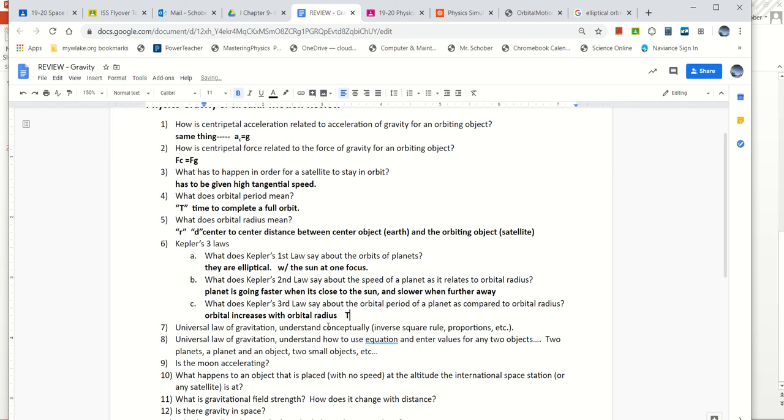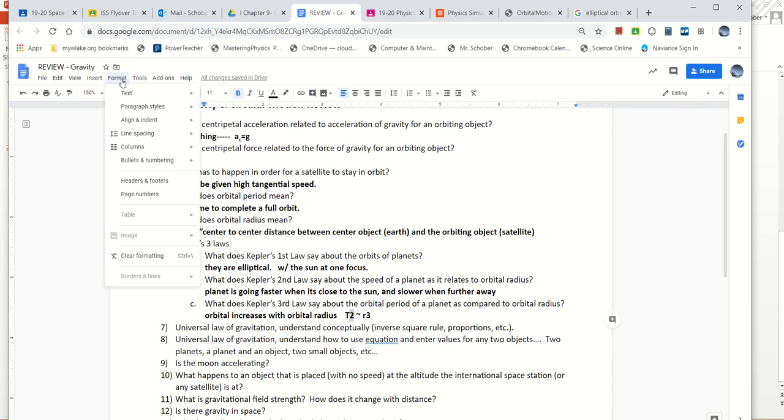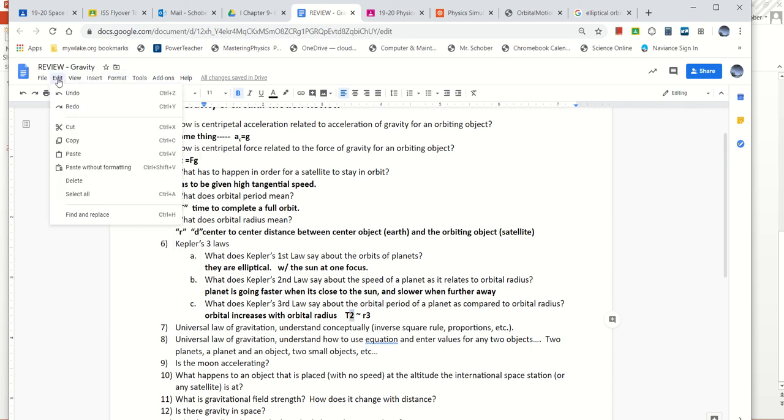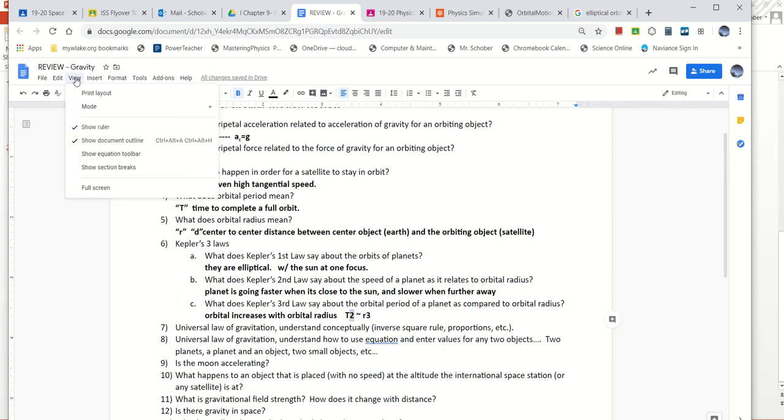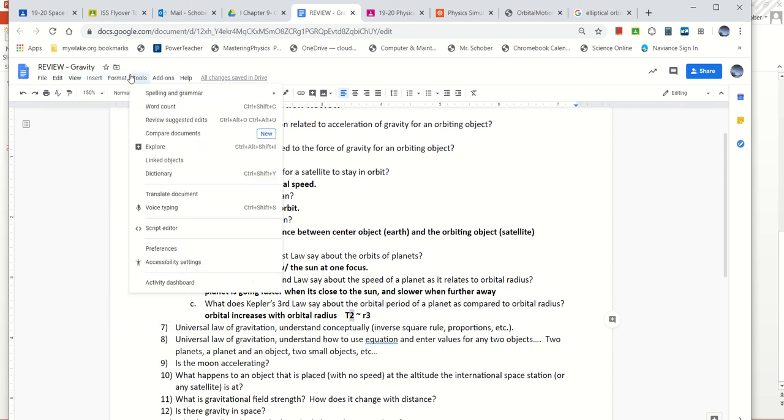And how it increases is that the orbital period squared is related to the radius cubed. And if you remember, on the Edpuzzle that we did, there were some examples we did with that, but it was the whole ratio. It compares two planets.